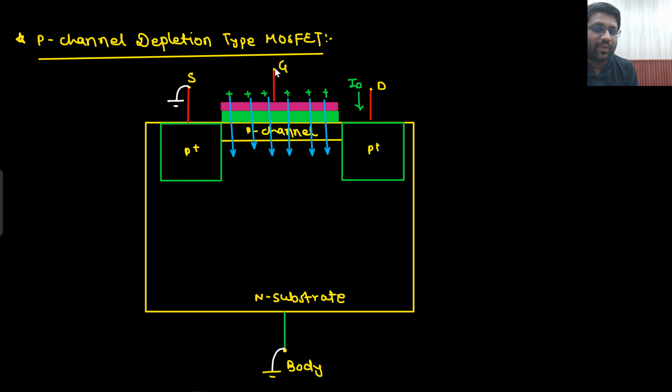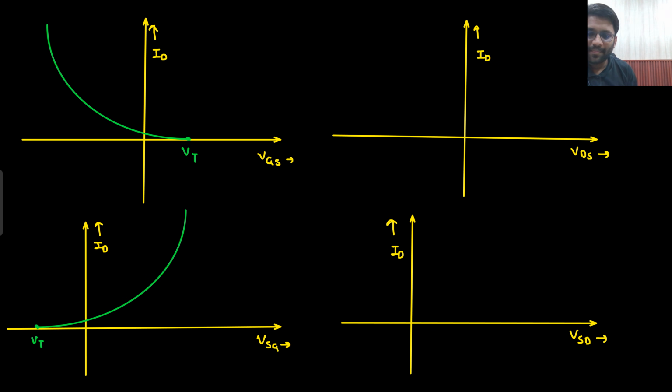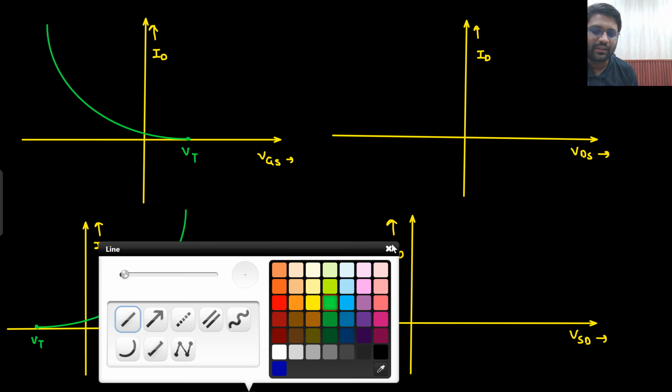If gate is at positive potential, that means VSG would be negative, right? VS minus VG. Vs is already 0. If VG is positive, then VSG would be negative. That means VSG has to be negative to get the 0 current here. So this kind of characteristic you will get. Right? Well and good. I hope it is completely understandable. And here, these kind of characteristics you will be getting.